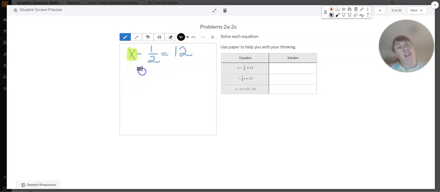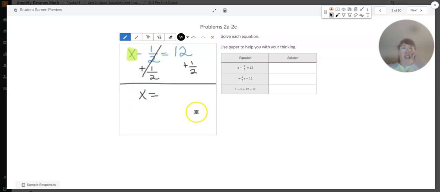To get rid of it, we need to do the opposite operation and add it to both sides. Whatever we do to one side, we have to do to the other. Negative 1/2 plus 1/2 cancels to 0, and we're just left with x equals 12 plus 1/2, which is 12.5. Great.